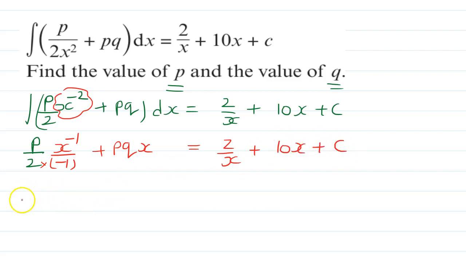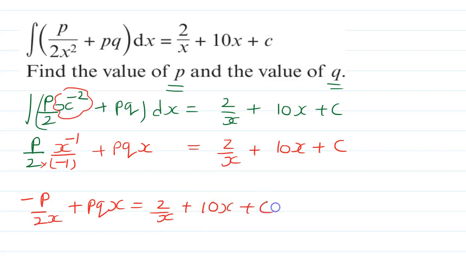So you can write down here, minus p/2 x^(-1), which is 1/x, so it will be -p/(2x) + pqx equal to 2/x + 10x + c.